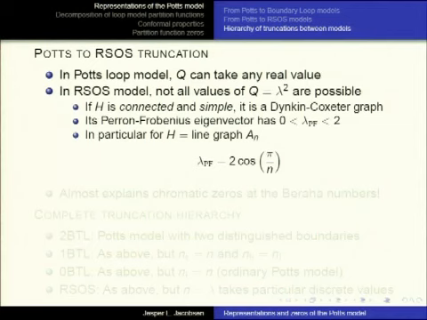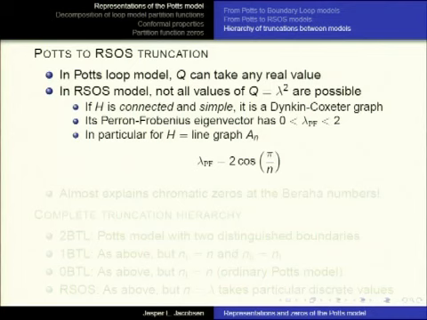A path, A_n, then lambda is going to be 2 cosine pi over n, where n is the number of vertices in the path. And of course, you immediately recognize that this lambda squared is nothing but the nth Beraha number. Okay, so lambda squared is 4 cosine squared pi over n. That's the nth Beraha number.